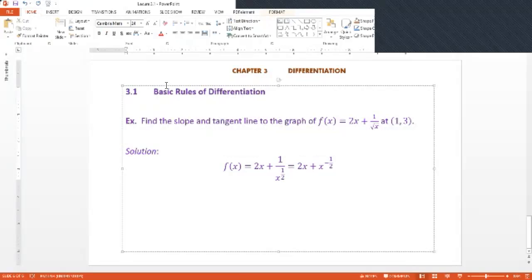And then we can use the power rule to find the derivative of the function.